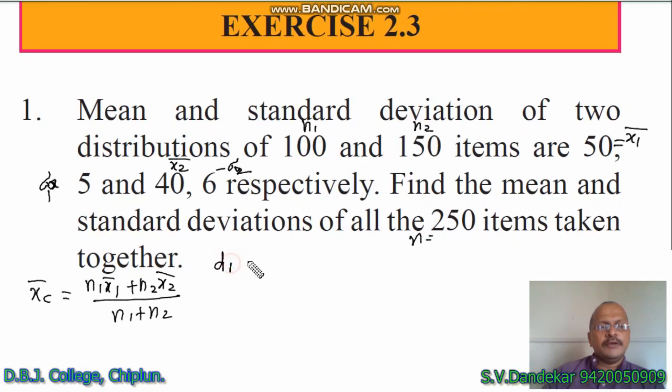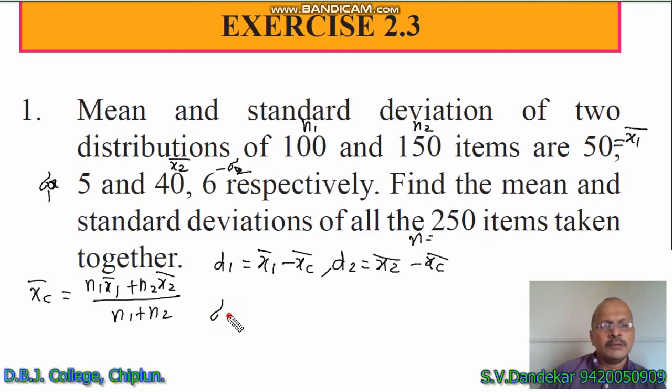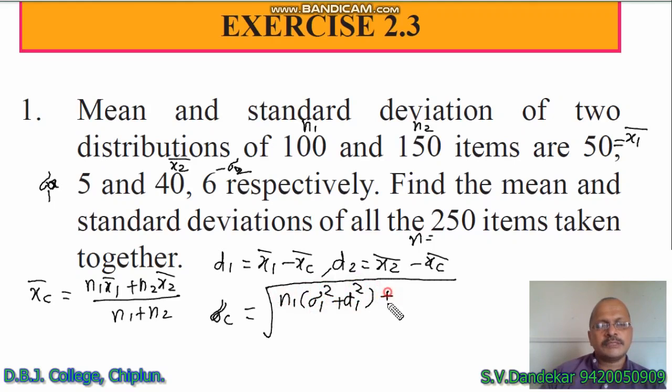Then find d1 is equal to x1 bar minus xc bar, d2 is equal to x2 bar minus xc bar, and to find the combined standard deviation, use the formula sigma c is equal to square root of n1 into sigma 1 square plus d1 square plus n2 into sigma 2 square plus d2 square, divided by n1 plus n2.